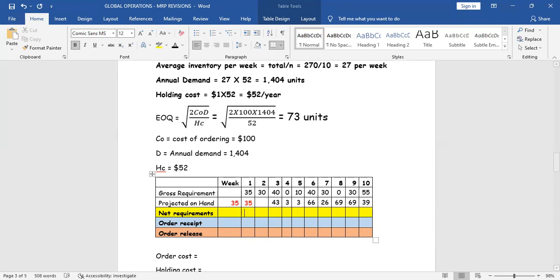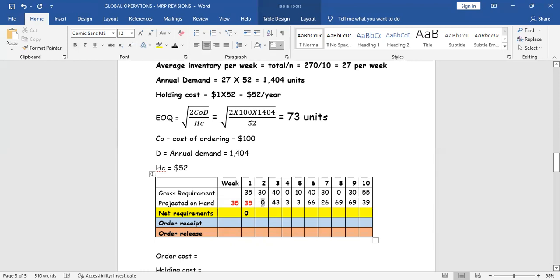And then from there now we can start. So the gross requirement in week 1 is 35, and we already have 35. Do we require anything? Do we have any net requirement? Should we order anything here in terms of material? No. In week 2, the gross requirement is 30, and we already have, no, we don't have anything.